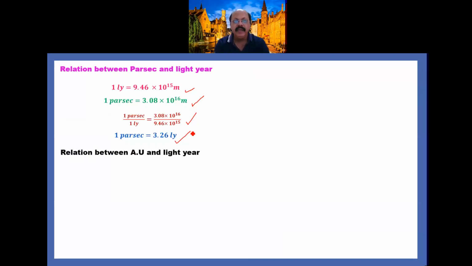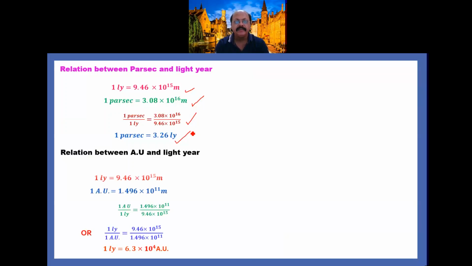Now the relation between astronomical unit and light year. As we know that 1 light year equal to 9.46 into 10 is power 15 meter, and 1 astronomical unit equal to 1.496 into 10 is power 11 meter.